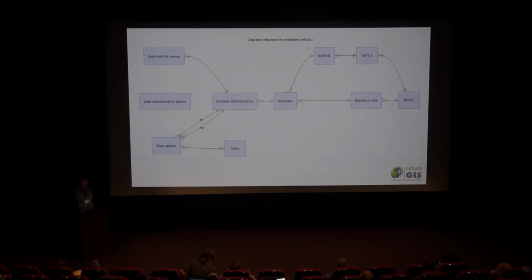This is a very simplified view of the data model. It is missing a lot of stuff like domain tables and other things, but this is just to give an idea. So the core of the data model, well, it's not super simple, but also not overly complicated.